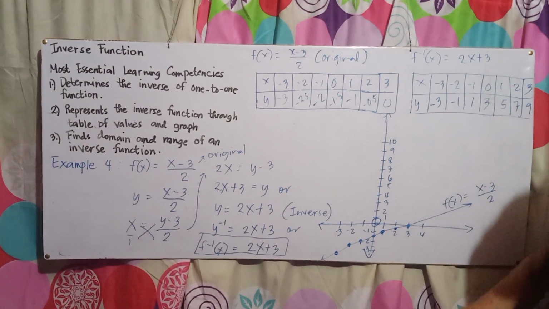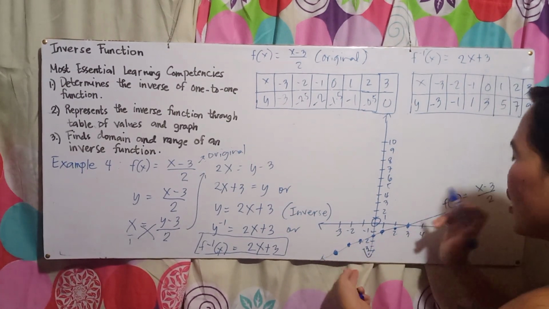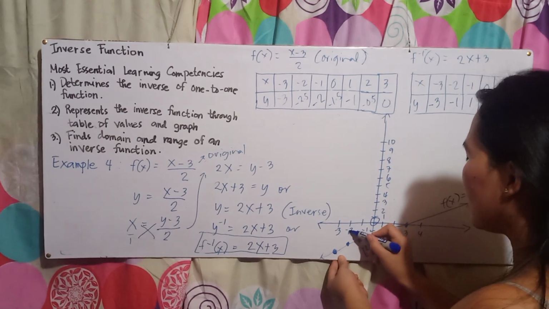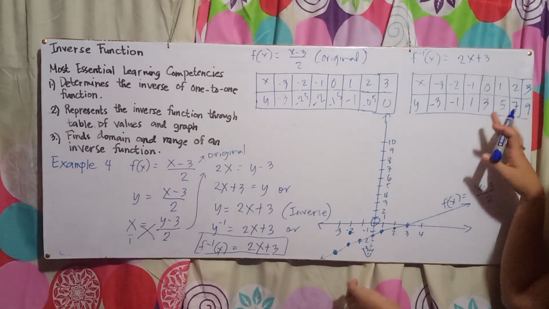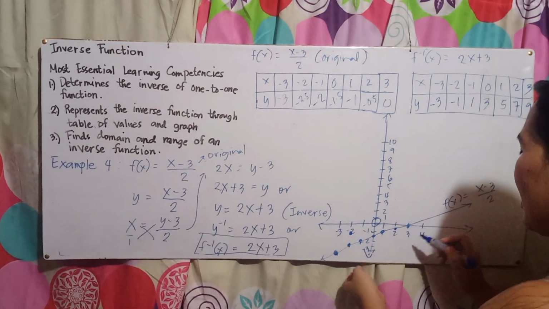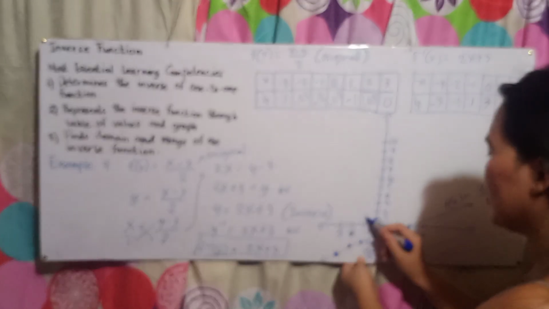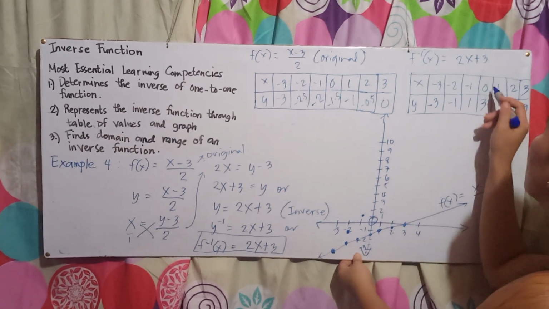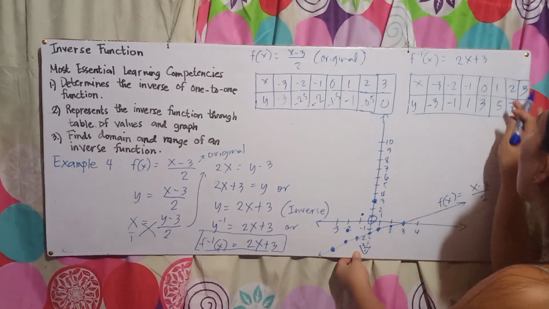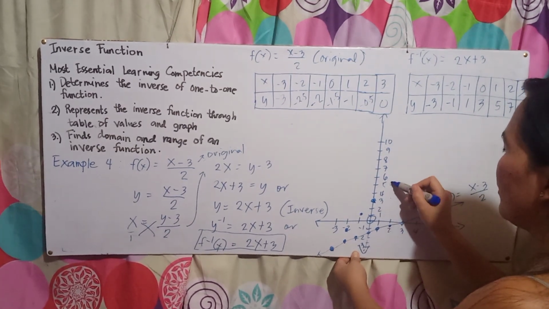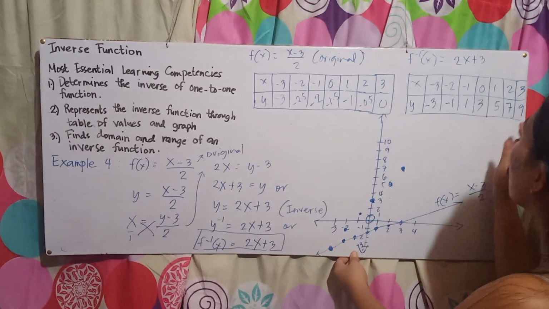Okay, next is the inverse. So, negative 3, negative 3, same here. Negative 2, negative 1. Then, negative 1 and positive 1. 0 and 3. 1 and 5. 2 and 7. 3 and 9.